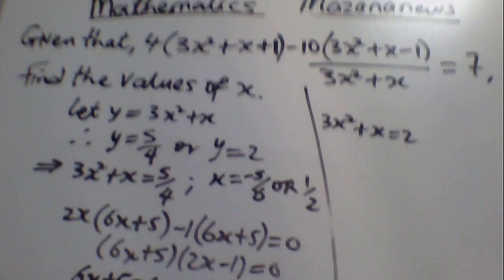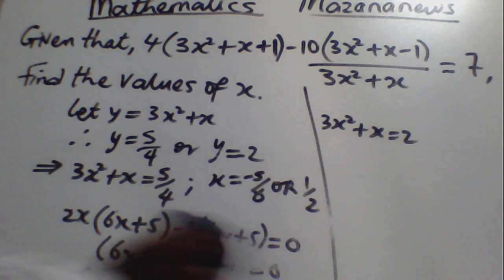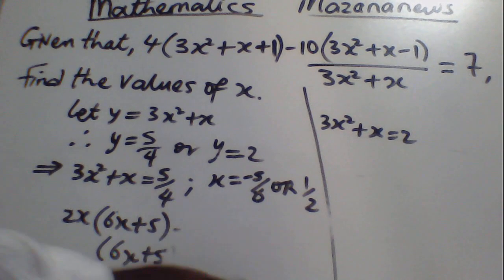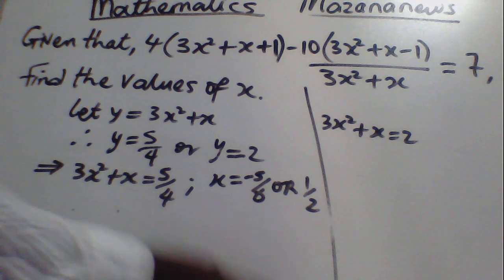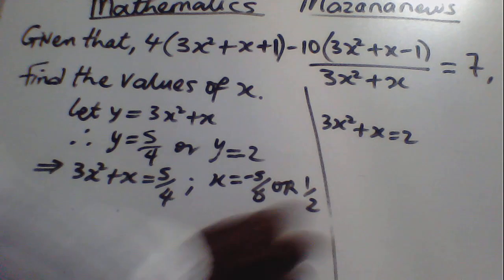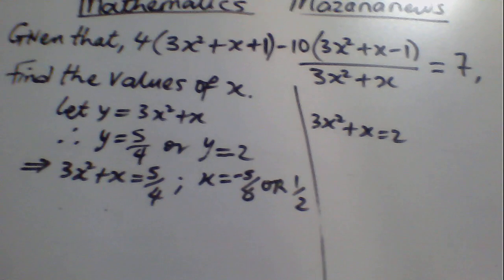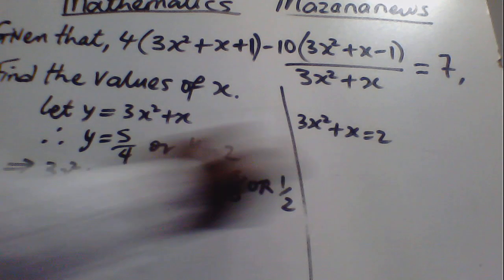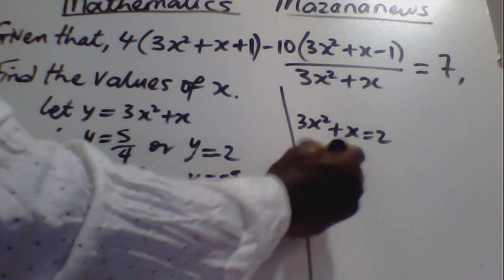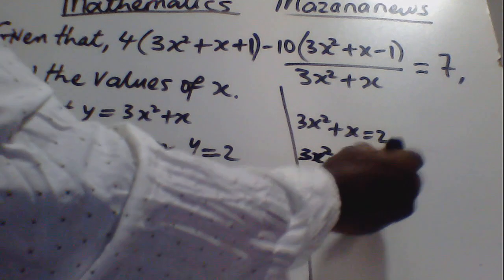So let's solve for the second one. The second one is 3x squared plus x is equal to 2. So you have to bring 2 to the left hand side, rearrange the terms so that it will form a quadratic equation. From here we have 3x squared plus x minus 2 is equal to 0.